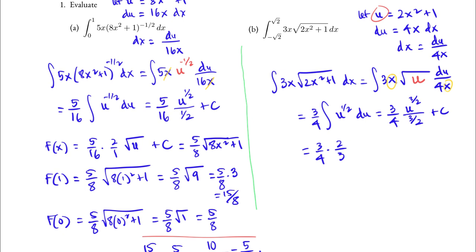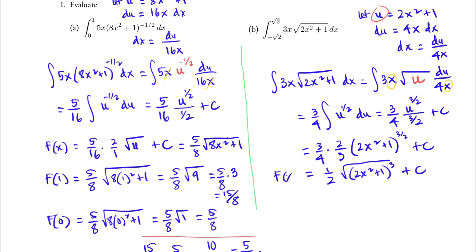But u is 2x squared plus 1 raised to the power 3/2 plus c. 3 cancelled out. 2/4 is 1/2. Power 3/2 is the square root of the expression 2x squared plus 1 raised to the third power plus c.